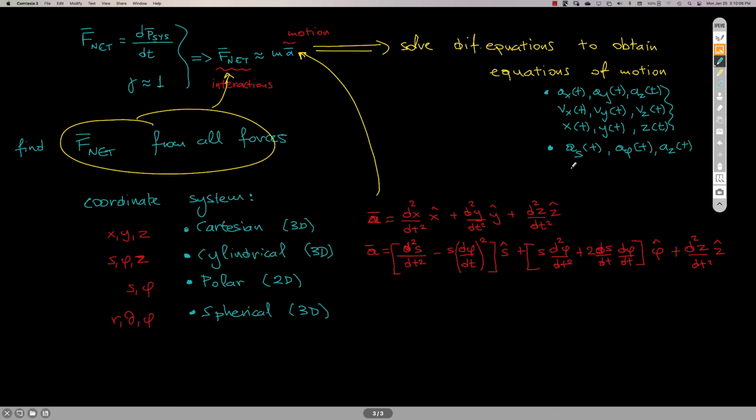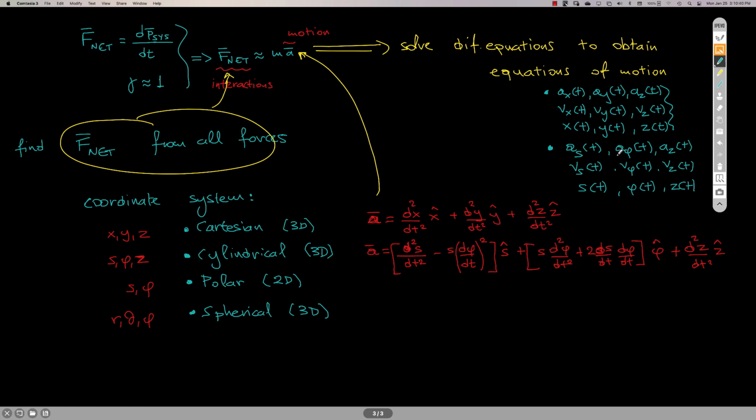And then you would need to have the velocity, the s component of velocity as a function of time, v phi, and vz as a function of time, and then s as a function of time, phi, and z as a function of time. So you're going to have equations for all of these. That's what you're going to get from Newton's second law. Now, if you're only dealing with the polar coordinates, then you just have these 6. You don't have the z one.